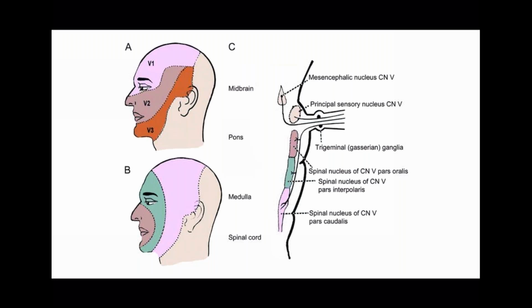The upper one is responsible for the sensation around the nose and the mouth. This is what we call the onion skin arrangement of the sensation. And this is important to know because it will help you localize the lesion when it is in the medullary portion or the upper cervical part.